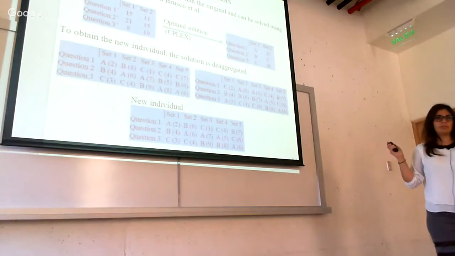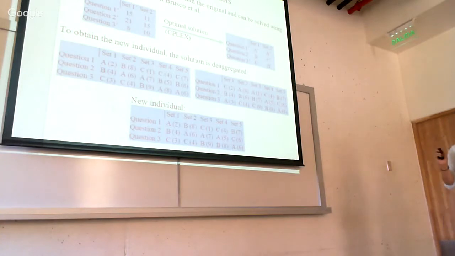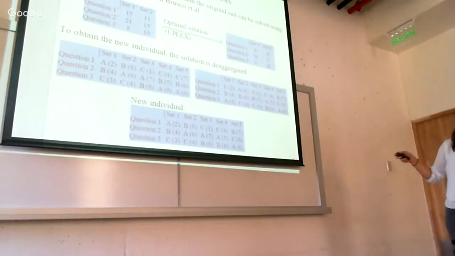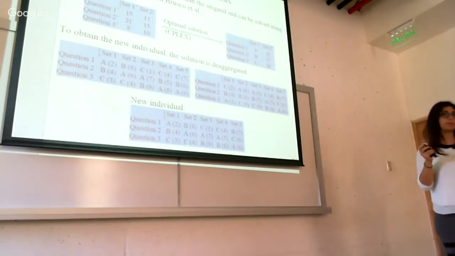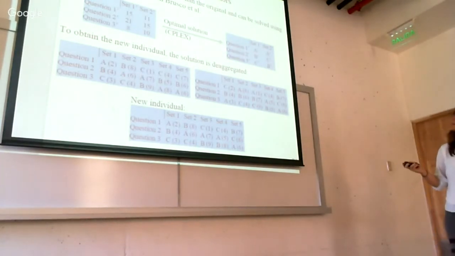But even with a big example, this would be fairly simple to solve with Cplex. So we obtain the optimal solution, and then we deaggregate the solution obtained to get our new individual. We just see where those questions were coming from in the original parents, and deaggregate the solution.